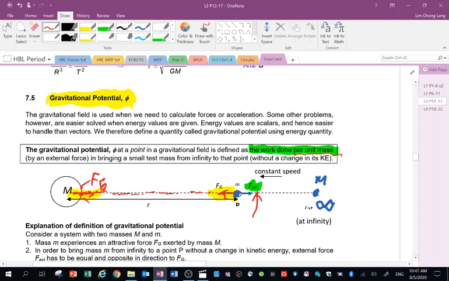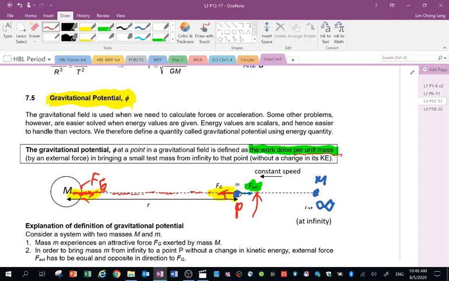In the definition of gravitational potential, we bring the body from infinity to point P without any increase in the kinetic energy. So I need an external force. The external force is a restraining force. The restraining force prevents the body from accelerating.